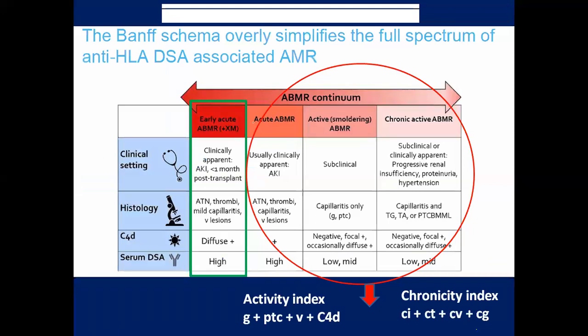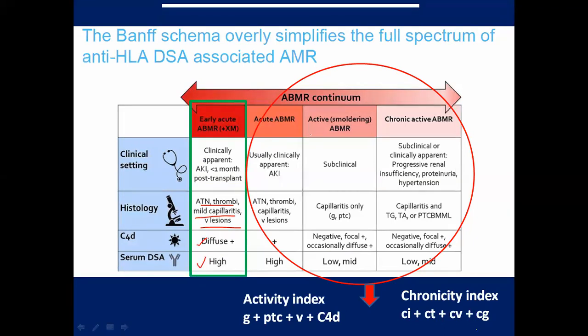And what they have highlighted is that the antibody-mediated process is a continuum. In early acute antibody-mediated rejection, less than 1 month post-transplant, you are going to see all the classical features of ABMR in the form of ATN, TMA, thrombi, mild capillaritis, V lesions, diffuse C4d positivity, and DSA being high.